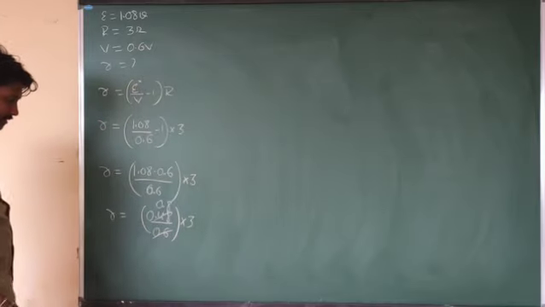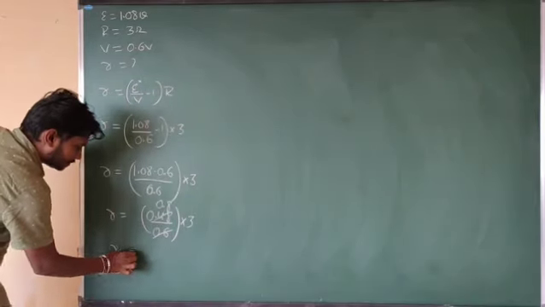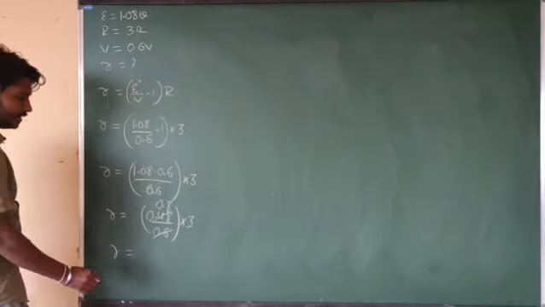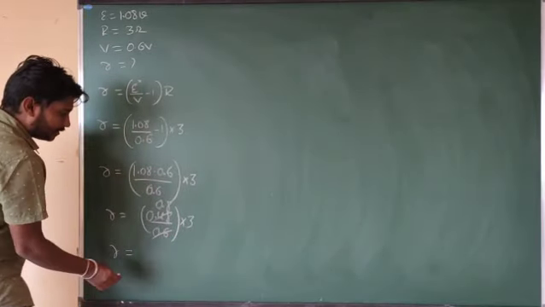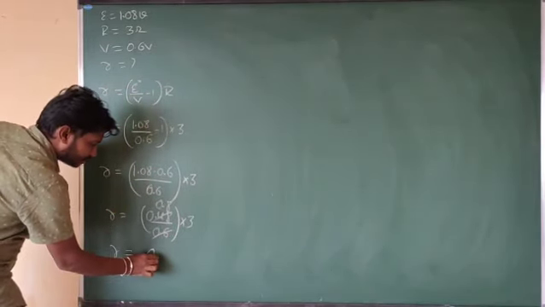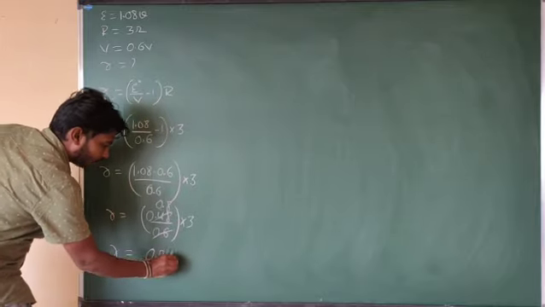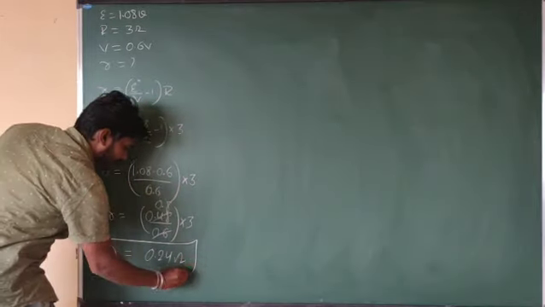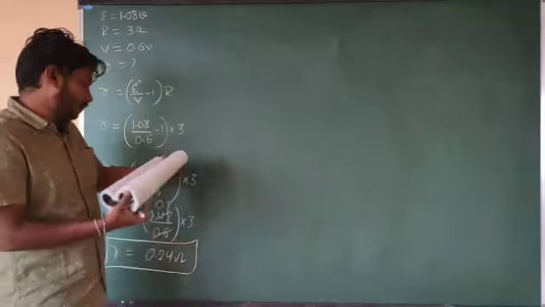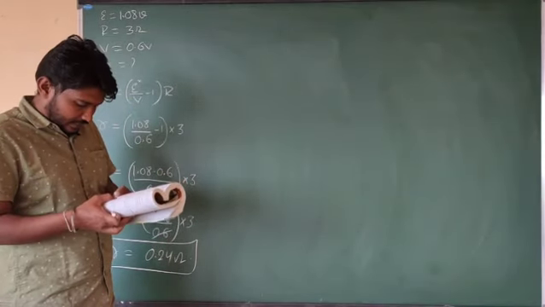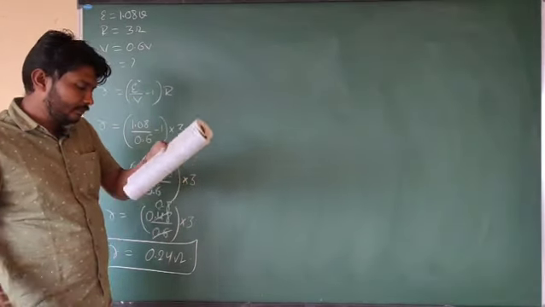So 0.8 into 3, that is 8 into 3 is 24. So 0.24 ohm. What is the internal resistance value? 0.24 ohm here.